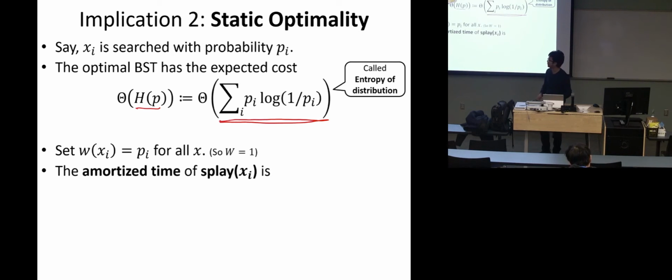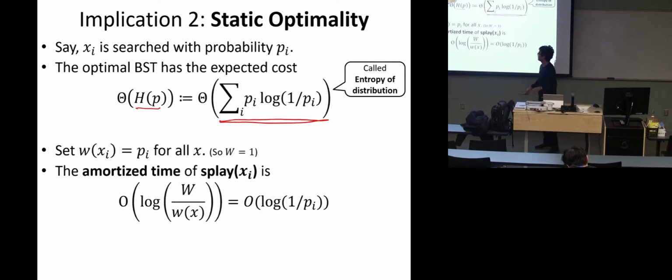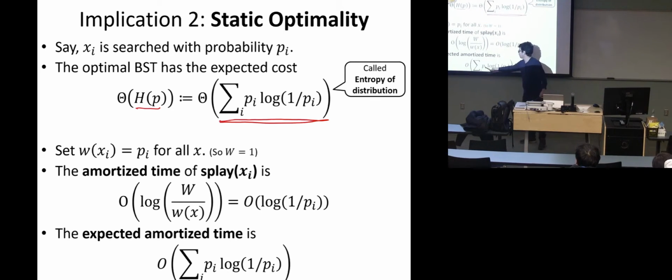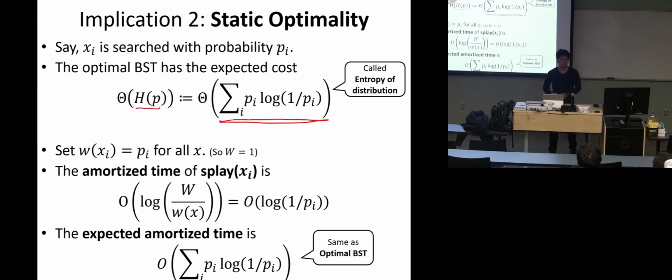Now the access lemma says that the amortized cost of splaying xi is log of 1 over pi, which means that the expected amortized cost is just the sum over i of pi times this. But that's just the same as the optimal binary search tree up to constant. So you see, the proof is so simple, but immediately you get, boom, it's optimal.